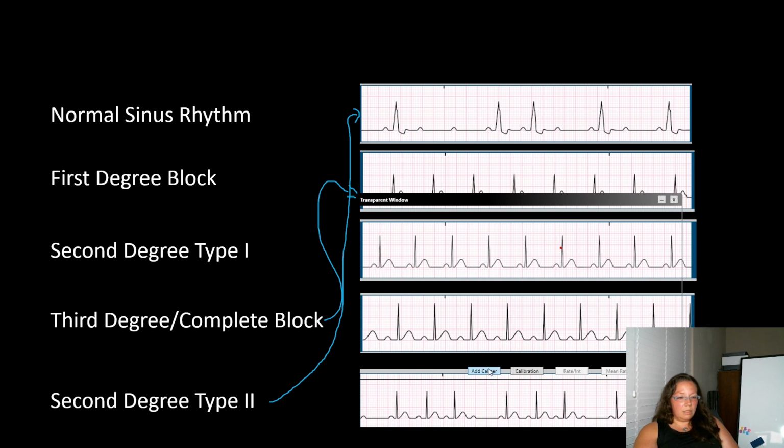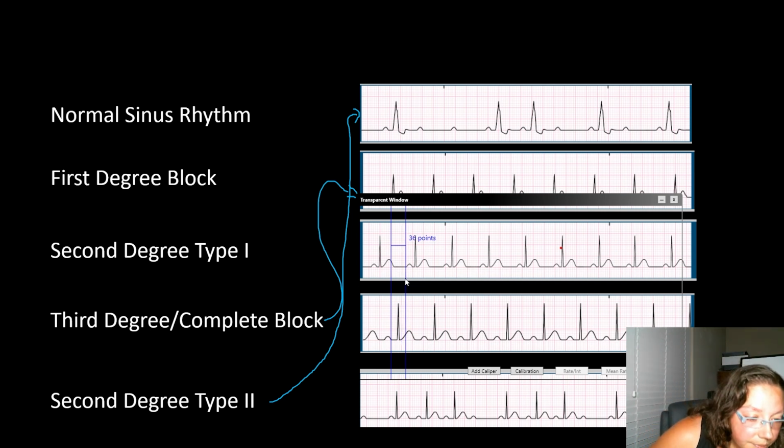Let's do the QRSs. Let's march it out. Yep, it's regular. All right, now let's see the PR interval, because now we don't know if it's normal sinus or if it's a block.